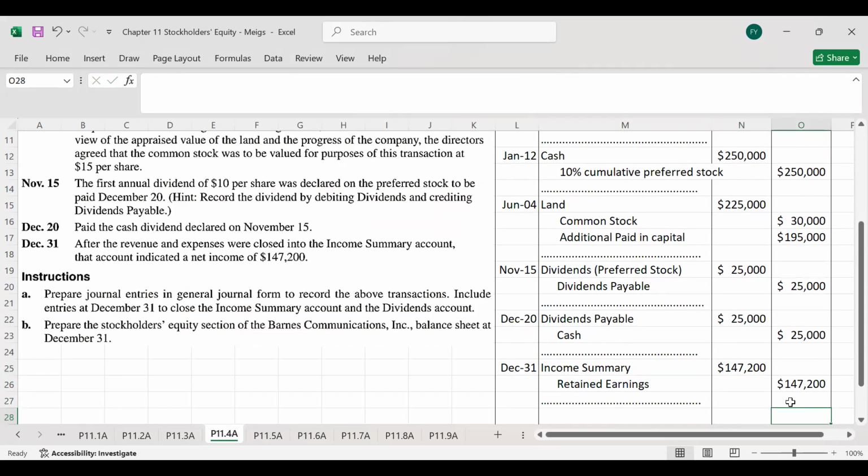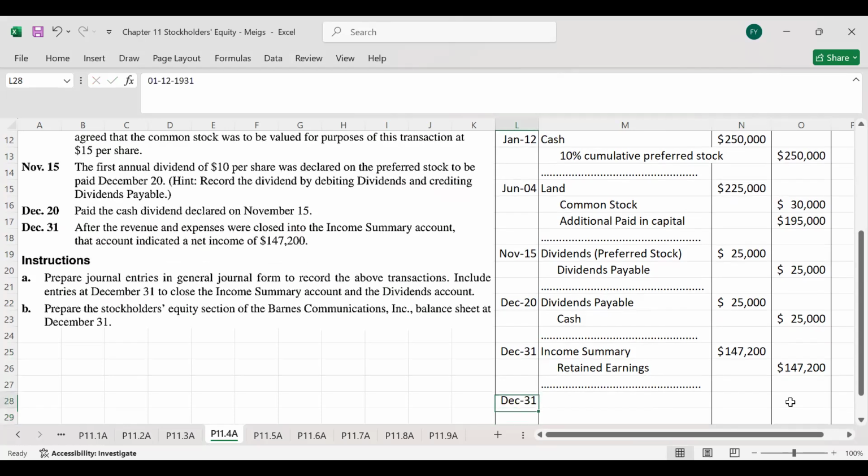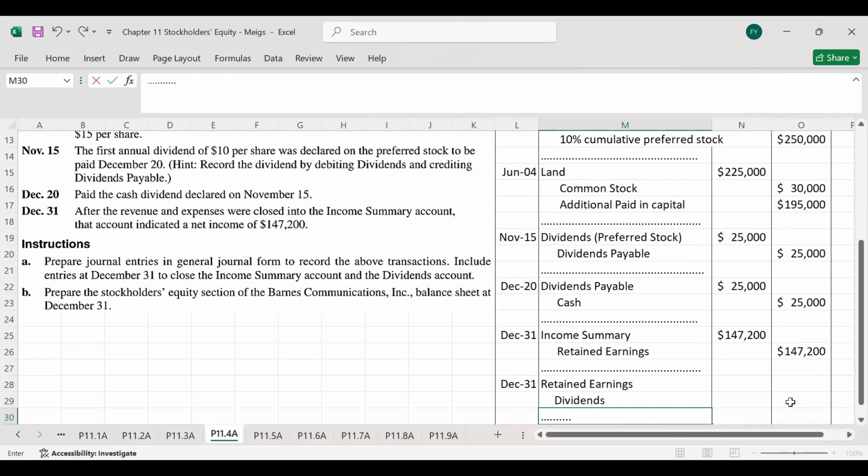Then dividend is also closed. So December 31st. Dividends are closed in the retained earnings account. So retained earnings will be on the debit side, and dividends are on the credit side, because dividends initially record on the debit side.